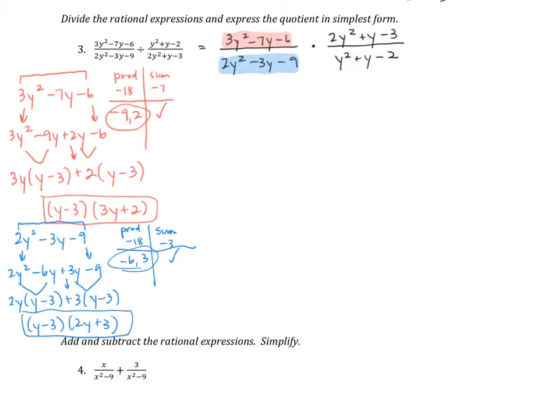Okay, now I need to do the same process with the third polynomial, or the first numerator. So green, I will have 2y squared plus y minus 3. So I will need the product to be negative 6 and the sum to be 1. So if I use 3 and negative 2, that will multiply to get negative 6 and add to get positive 1.